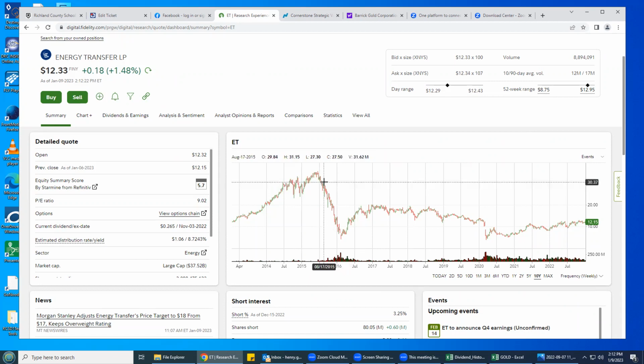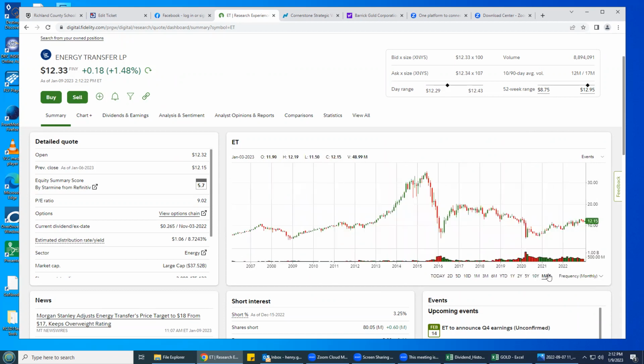But even if it didn't, if you say you got killed here, even here you still would be down $5-6. You'd have to go in and say, this is 2017, so this is 2014. I don't know what Max is showing, but if you bought it here, you're about even.